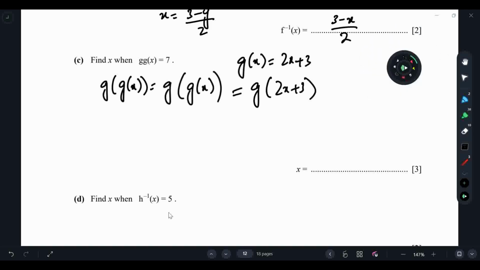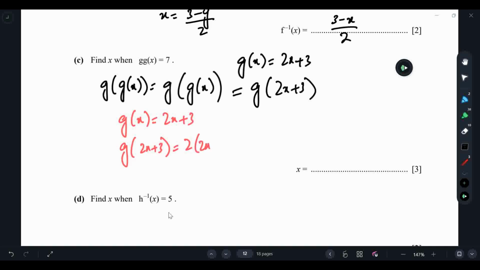Now we know that if g of x is 2x plus 3, g of 2x plus 3 will be equal to, just replace x with 2x plus 3. So this will be equal to 4x plus 6 plus 3, so 4x plus 9.